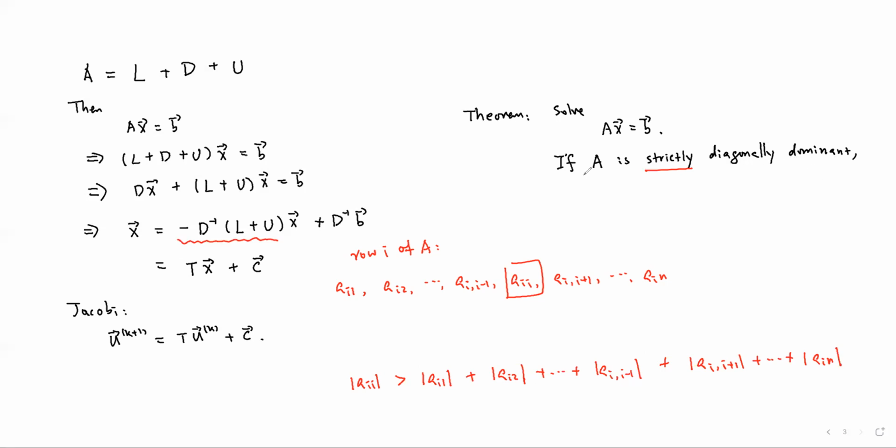If matrix A is strictly diagonally dominant, then the associated Jacobi method will converge.